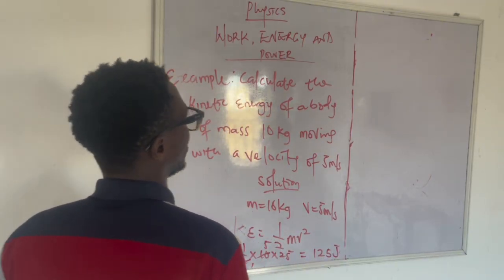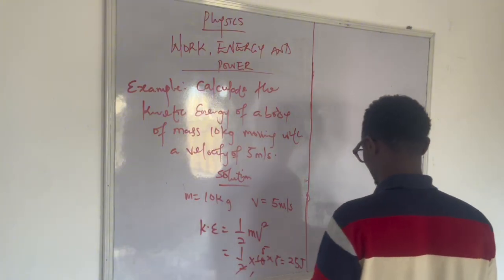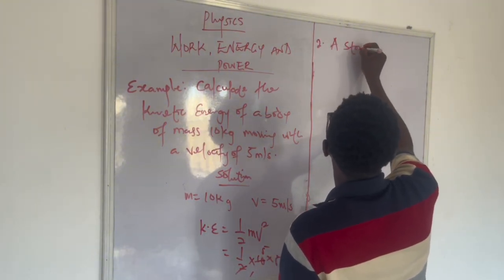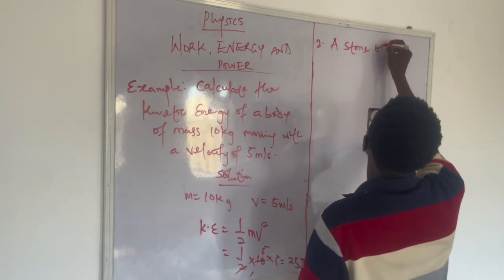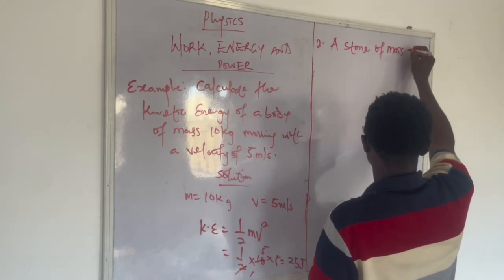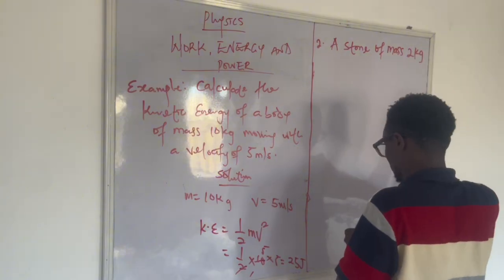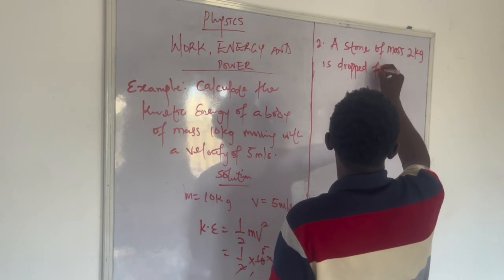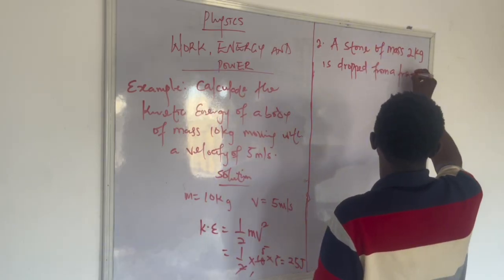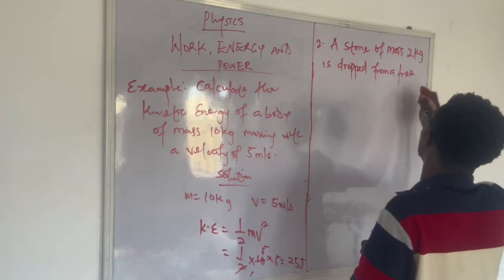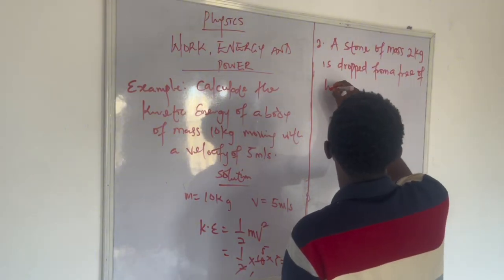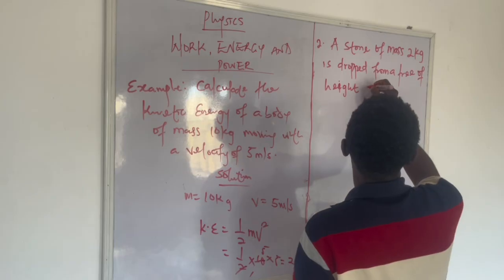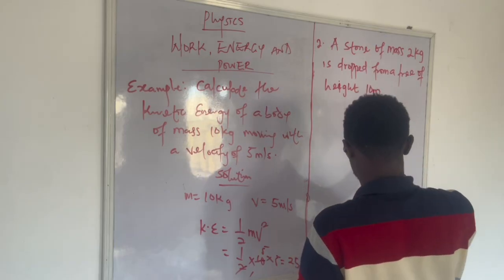So let's talk about this WAEC example. Example 2. It said a stone of mass 2 kilogram is dropped from a tree of height 10 meters.